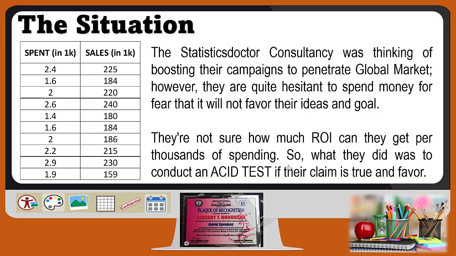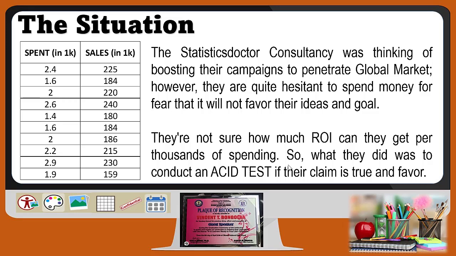So what they did was to conduct an acid test if their claim is true or in favor of their vision and mission. They were trying to test whether to continue spending money for advertising their services so that they are able to capture their market.